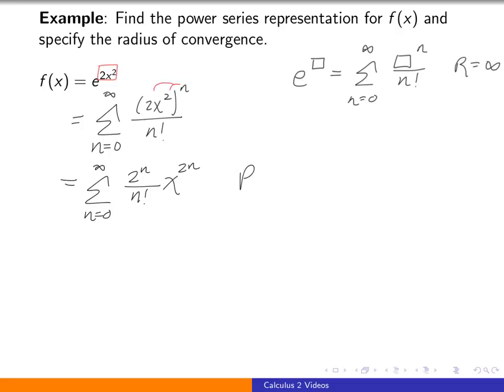And the radius of convergence will be unchanged, still infinity. So as long as we have those two common power series committed to memory, we can easily find power series representations related to arctangents and exponentials when you compose them with a simple function.